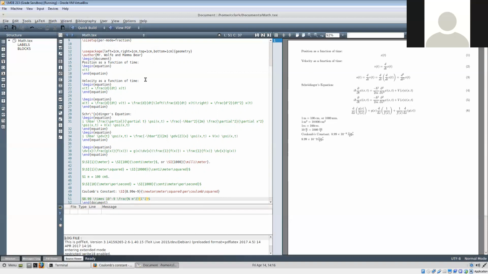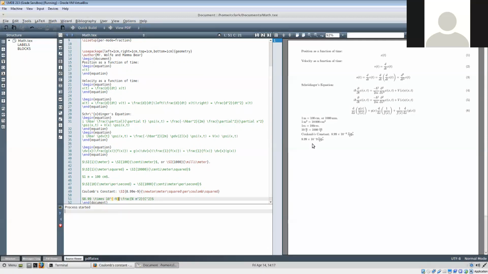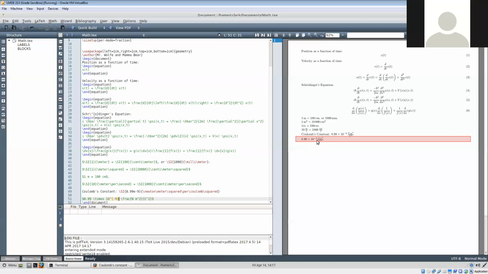Compile this. The number part almost looks right. The problem is that if I have a superscript that contains more than one character, I have to wrap it in curly brackets. So I'd have to put a curly bracket around this -9. So that's now correct, but my units are all italicized, which I don't want, but I can't move them outside of the math mode because I won't be able to do superscripts or fraction if I do that.